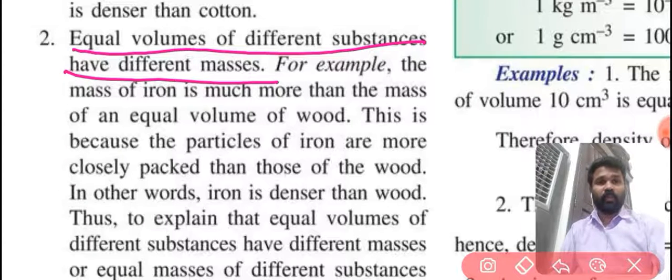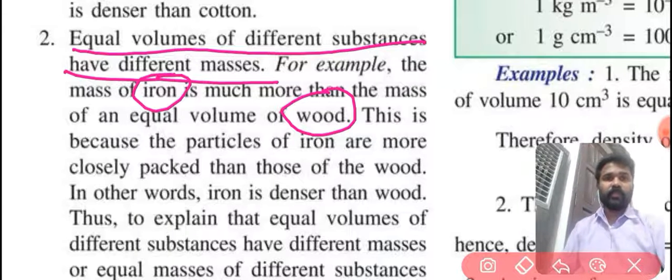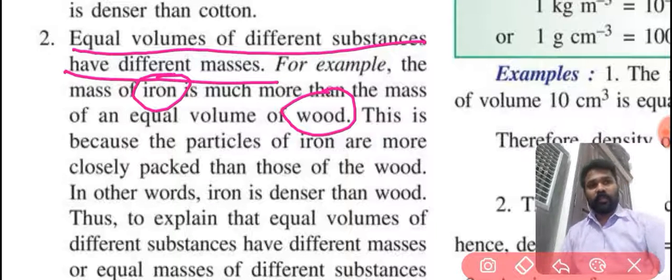Here we are going to consider two substances, one is wood, another one iron. Clear? The mass of iron is much more than the mass of an equal volume of wood. Why? This is because the particles of iron are more closely packed than those of wood.